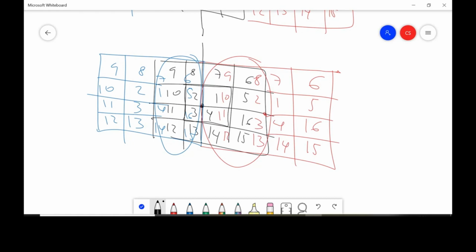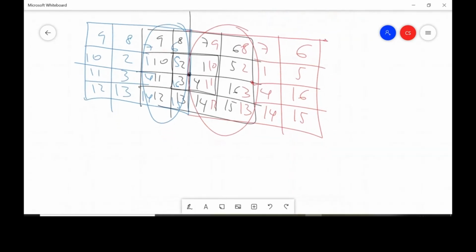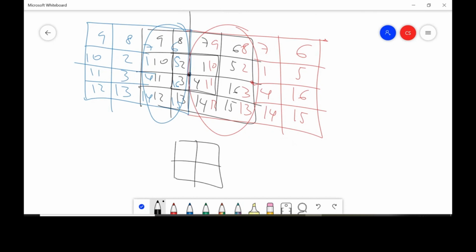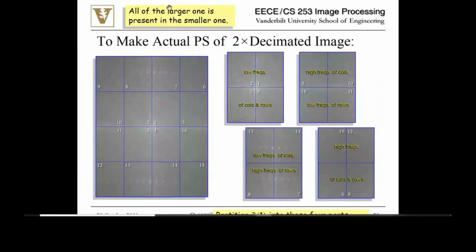So in this copy, we have 10 and 11 coming from the right, and 5 and 16 coming from the left. And this is what we have in here: 10 and 11, 5 and 16.